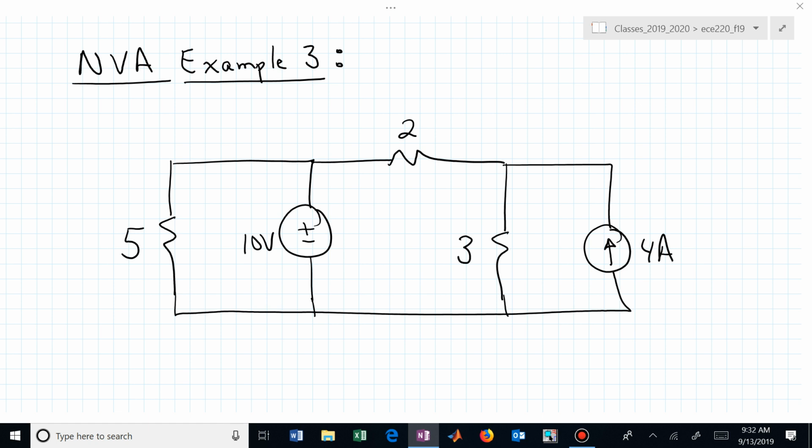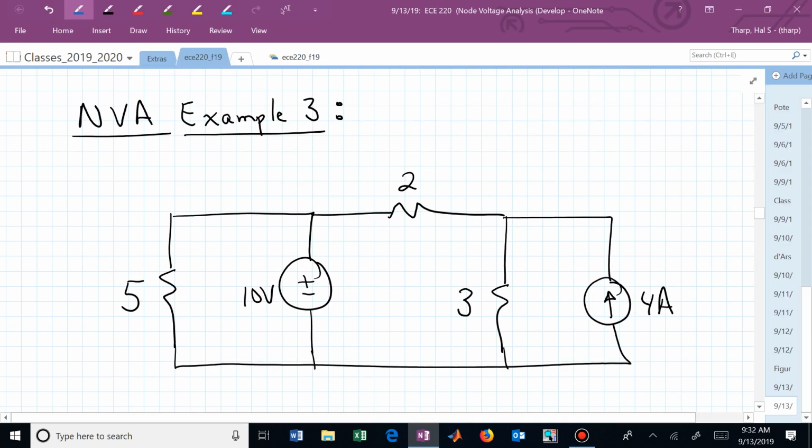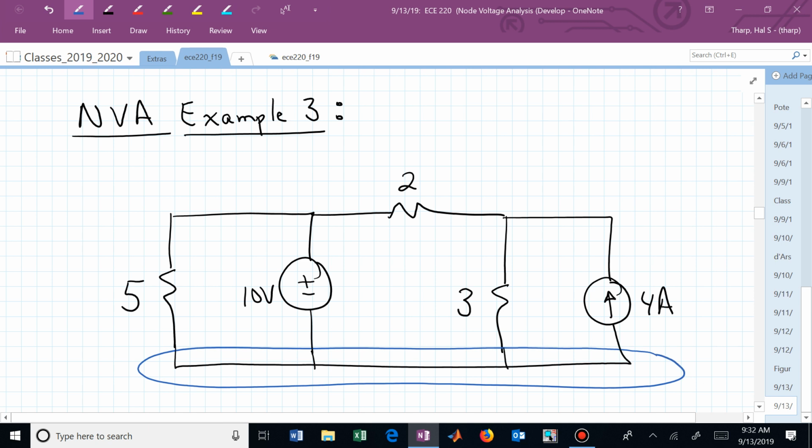Did you pick that one to be your reference node? Probably. That has a lot of elements connected to it. That's typically where we assign our reference node. Is this an essential node? And is this?